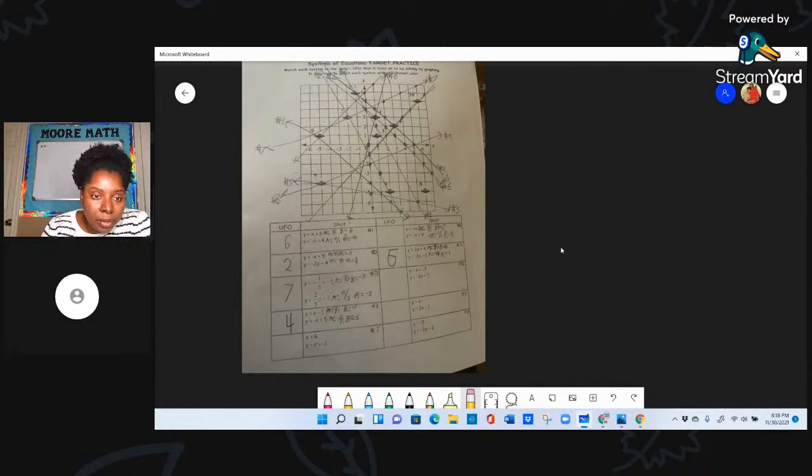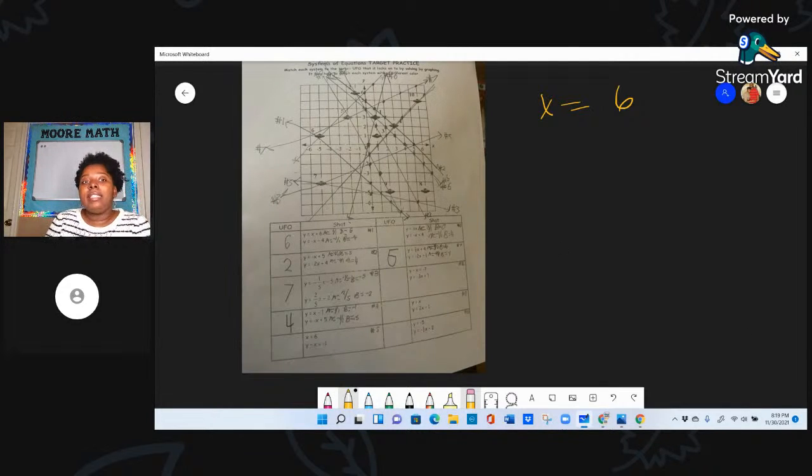I see for number 1 you had. Tell me which ones you were getting stuck on, because the first few look good. The ones where it's just one number, where it's like x equals 6. Okay, because you're going to have to manipulate it a little bit.